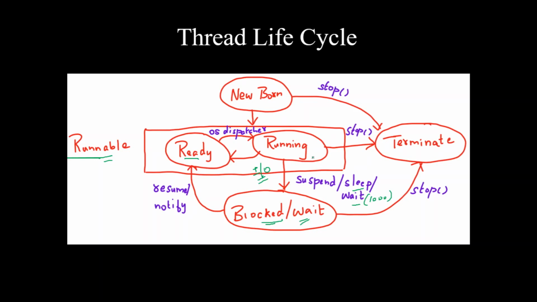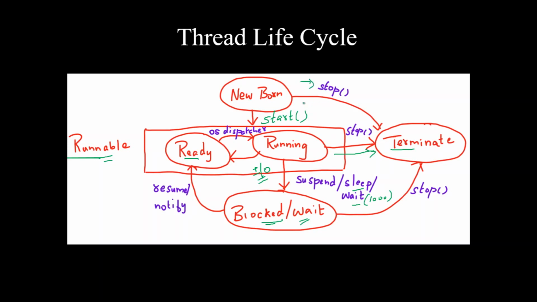A running thread, if it has finished executing all instructions, may naturally get into terminate state, which is called the terminating stage. Or any thread can be terminated by calling the stop method. Just as when you call the start method the thread is started, that is, the newborn thread enters into runnable state, similarly a thread in any state can be terminated by calling the stop method.